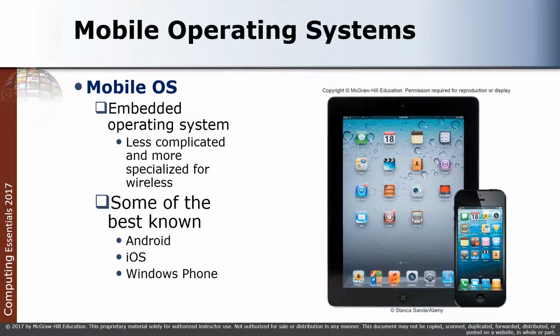We look at mobile operating system first. As you know, the well-known types of mobile operating system are definitely Android, iOS, Windows Phone, and so on. They are provided by the manufacturer of the telephone.